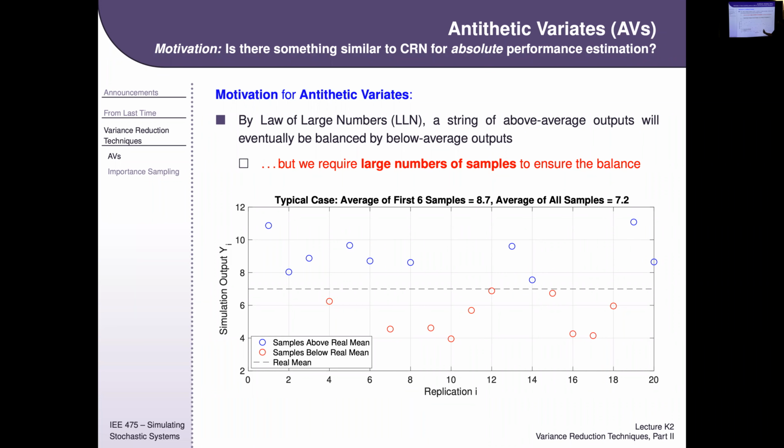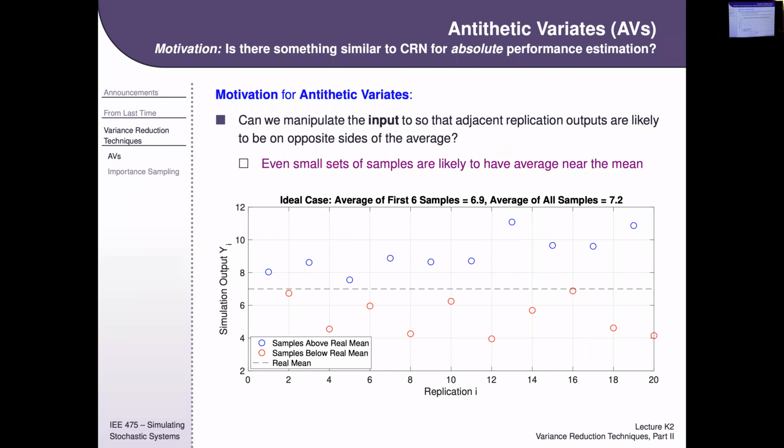So is there a way that we can engineer our simulation so that it is highly likely for us to take all these red ones and resort them so that we get, for every above average, a below average right next to it, so that instead of needing 100 replications, maybe after 10, we'll have enough of a balancing effect that we'll be able to get a good estimate of this mean. And that's what we do with antithetic variates.